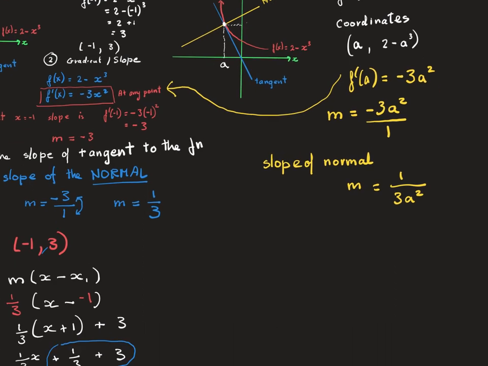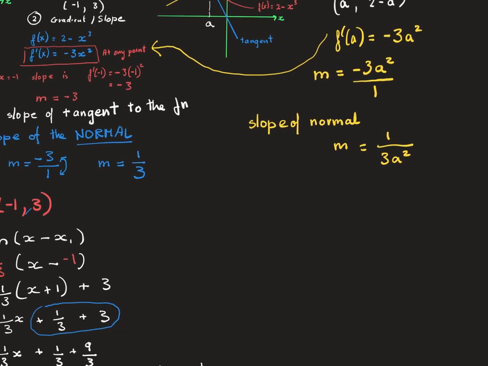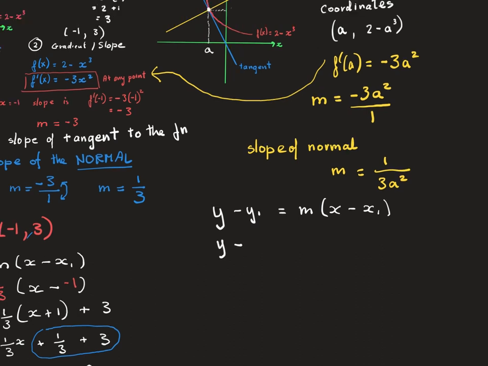So now we can combine all that into our equation. y minus y1 equals m times x minus x1. Okay, so that's y minus (2 minus a cubed). Now, if you do not put the brackets in here, you're going to find a completely wrong answer.